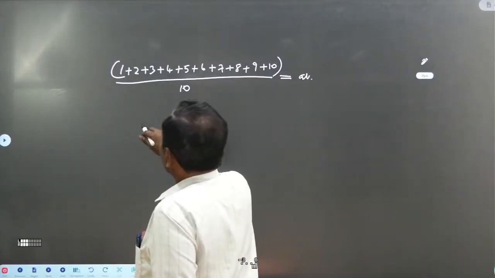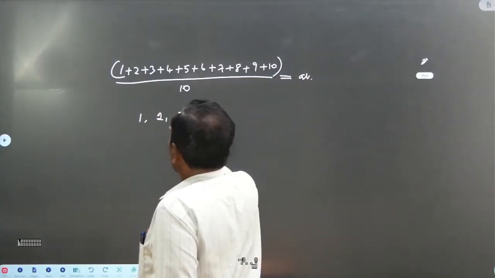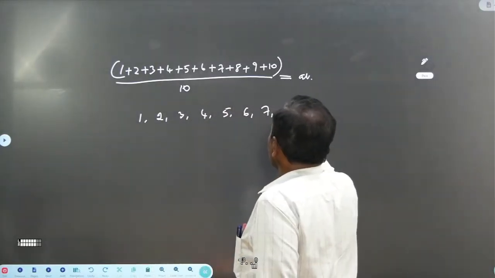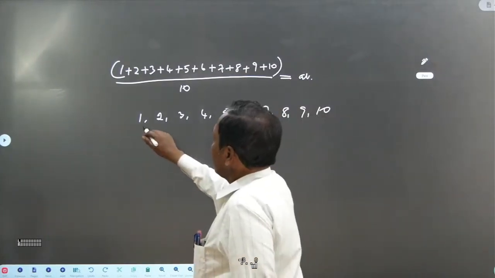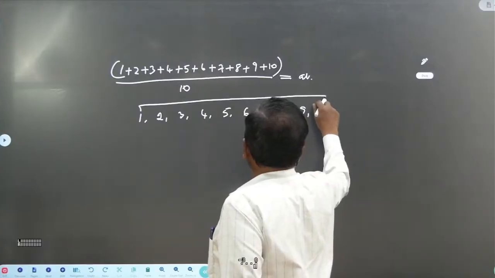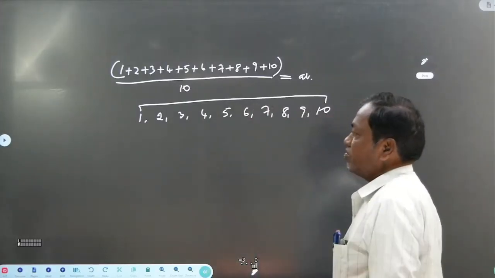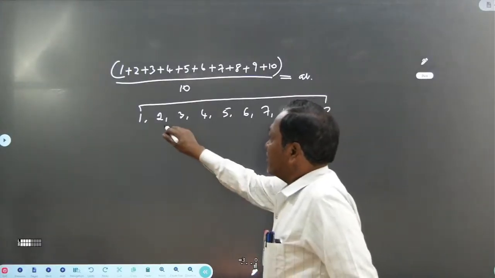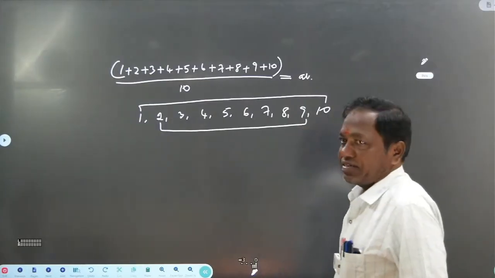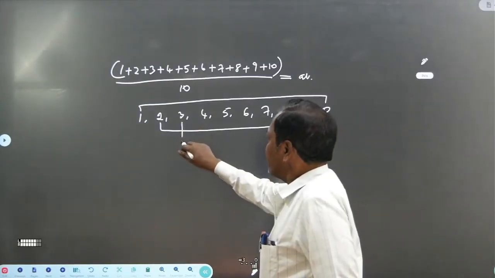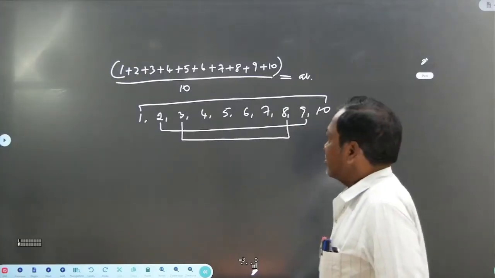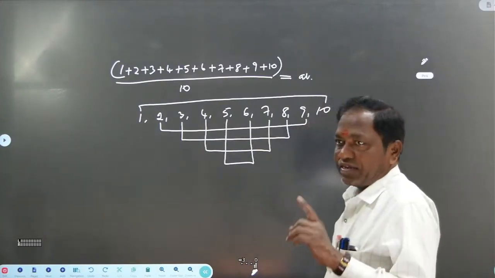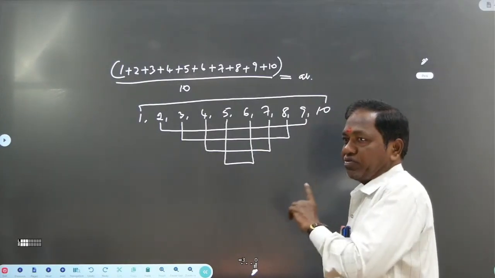See now, 1, 2, 3, 4, 5, 6, 7, 8, 9, 10. The sum of the first number from the beginning and the first from the last, 1 plus 10, is 11. The second from the beginning and second from the last, 11. Third, fourth, fifth, 11.